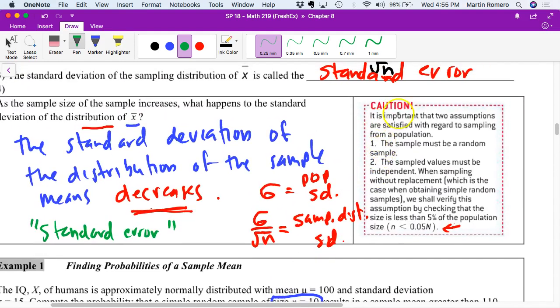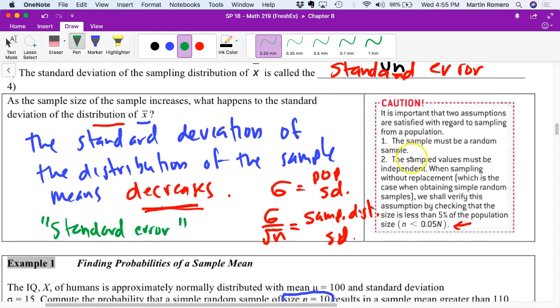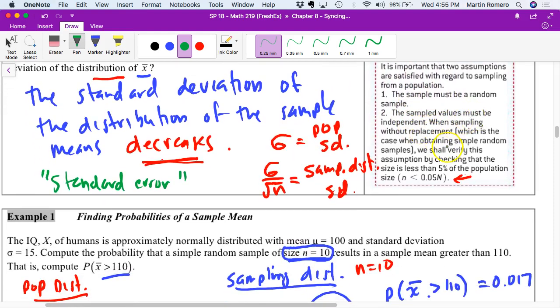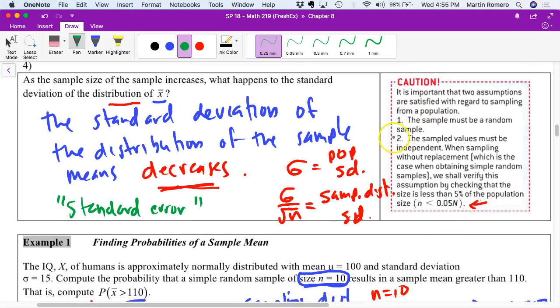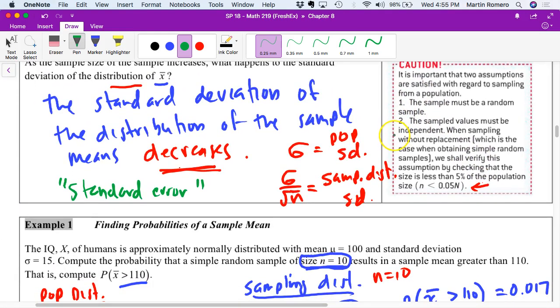But it's important that two assumptions are satisfied with regard to sampling from a population. In order for us to do these statistics, one, the sample must be a random sample, and two, the sample values must be independent. The way we check that is that the sample size is less than 5% of the population. It becomes a little more important in the next section, but we need to make sure we check these assumptions.